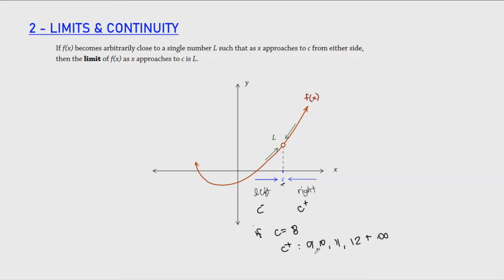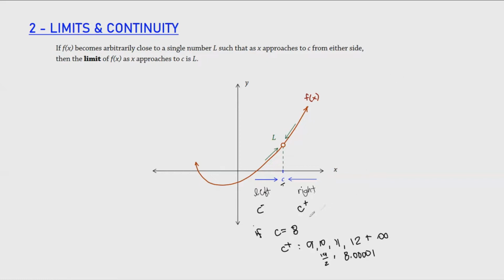And it is also true for any rational number. For example, let's say 19 over 2, and 8.00001 also qualifies for that c positive, because since 8.00001 is greater than 8, then that is also at the right of c.